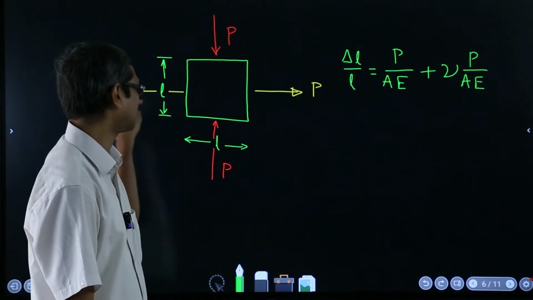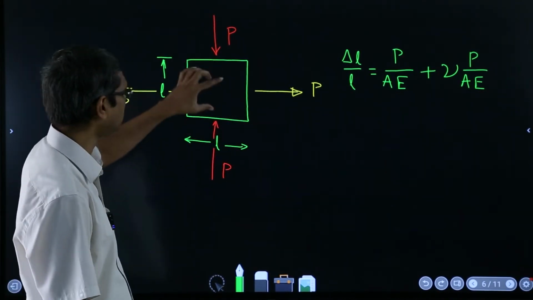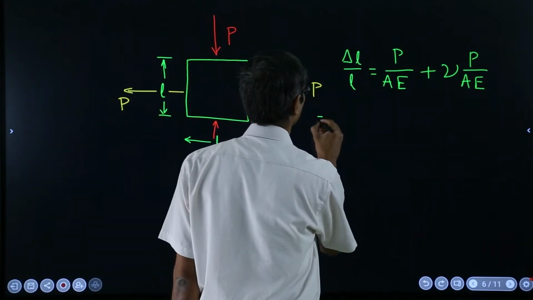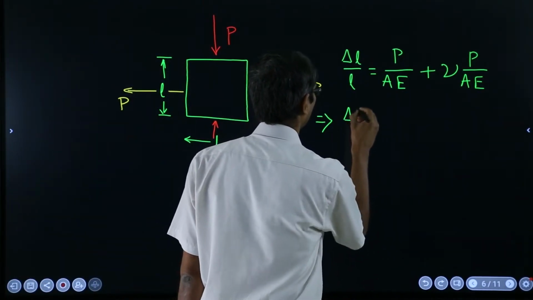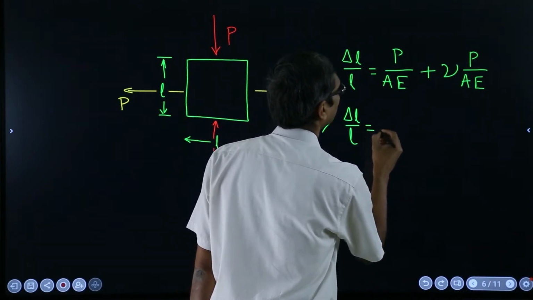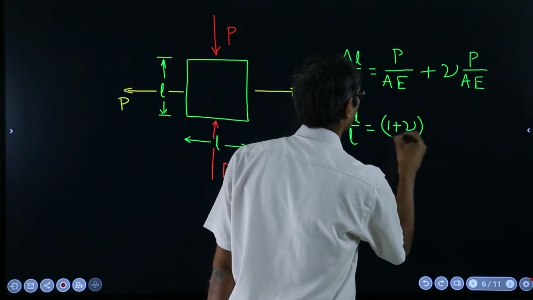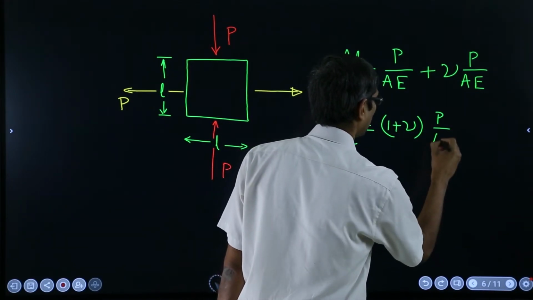So, that x direction is lateral for this. So, delta L over L will be equal to 1 plus nu times P over AE.